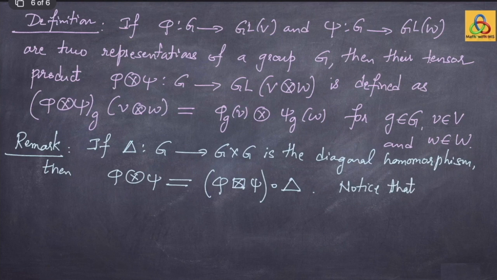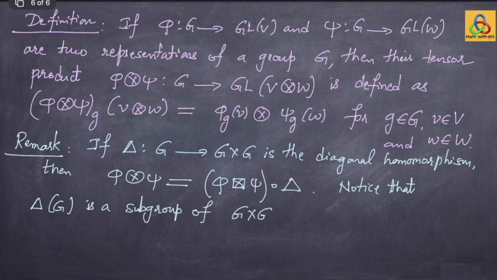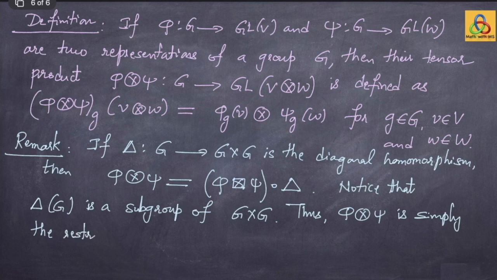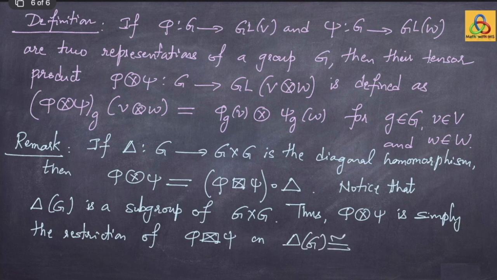Notice that delta(G), the image of G under delta, is a subgroup of the direct product G cross G. Therefore, phi tensor psi can also be thought of as the restriction of the exterior tensor product phi exterior tensor psi to delta(G), which is isomorphic to G.